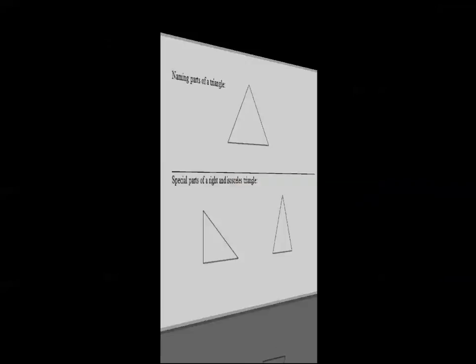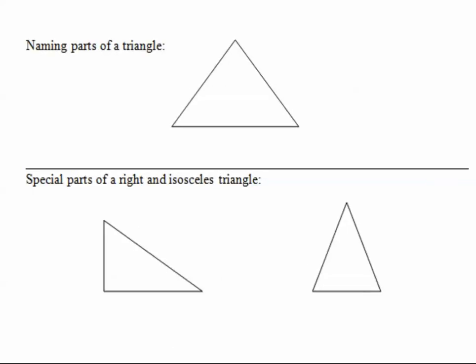Let's review how to name parts of a triangle so that we're all speaking the same language. These points where the segments come together are called the vertices. There are 3 vertices. That's how we say it plural. One of the points is a vertex. The segments that join the vertices are called the sides.